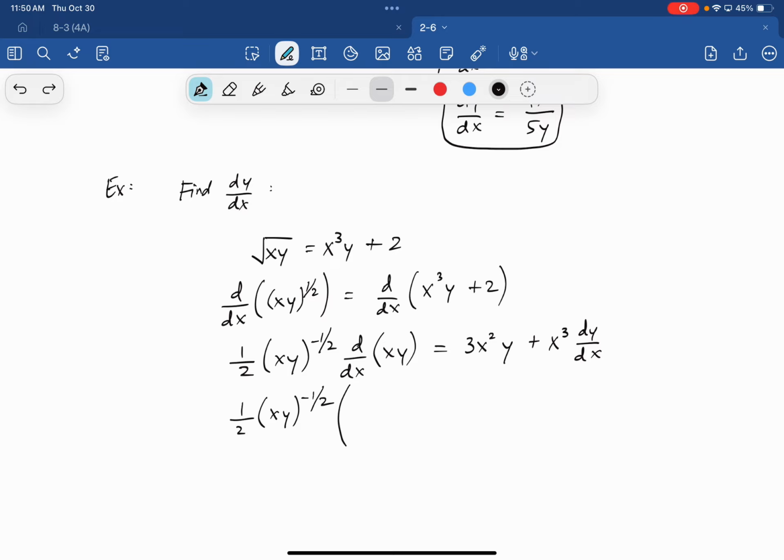So that's just going to be 1 times y, because the derivative of x is 1, plus leaving the left side alone and taking the derivative of the right side, which is x times dy/dx. Okay, any questions there? This is pretty annoying. And then I'm going to keep the right side alone.